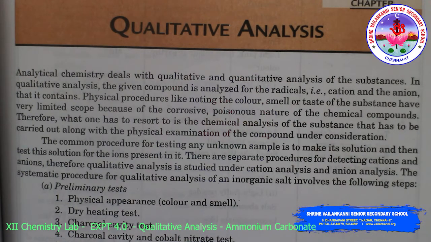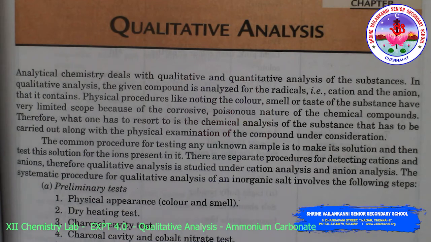Now it is the same, the only difference being the cations and the anions. The acid radical is negatively charged. Examples of acid radicals: chloride ion, bromide ion, iodide ion, sulfate ion, like this.